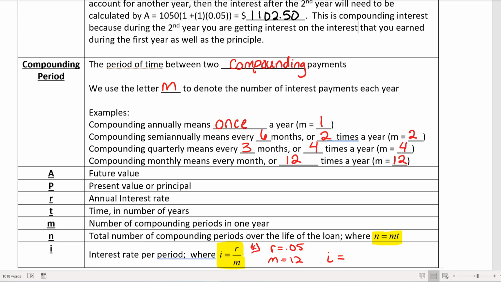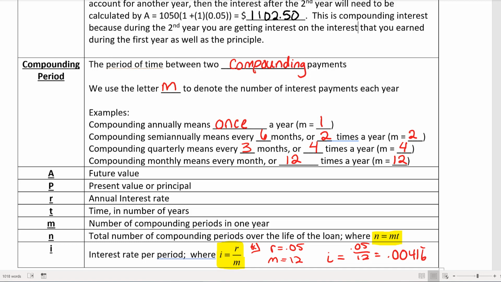To get the I would be 0.05 divided by 12, which is 0.00416 repeating.